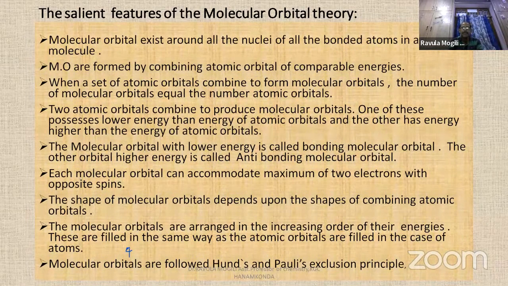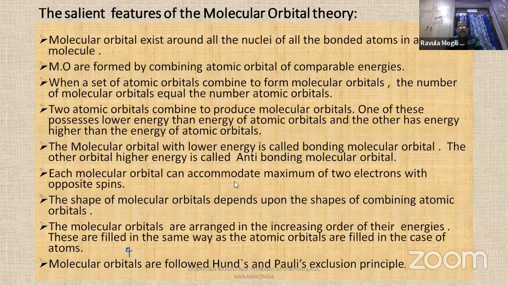That is the bonding orbital. The one that gains more energy is the anti-bonding molecular orbital. Therefore, molecular orbitals are energetically classified into two types. Lower energy orbitals are called bonding molecular orbitals, and higher energy orbitals are called anti-bonding molecular orbitals.